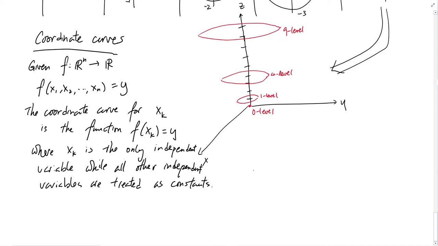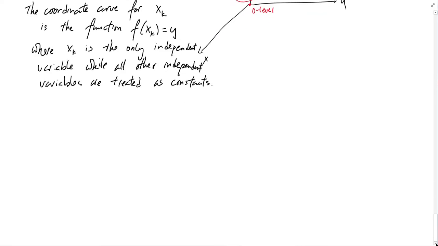Now, to properly illustrate this, let's try this for our function. I will leave room for the drawing, so let's do it underneath here. All right. So for example, let's say we have a function f of x, y equals x squared plus y squared, which equals the output z.